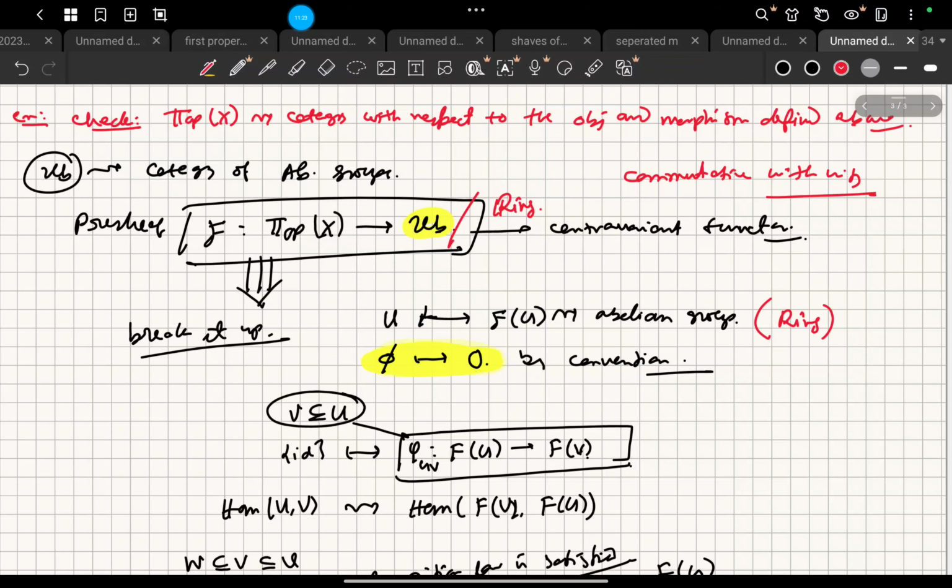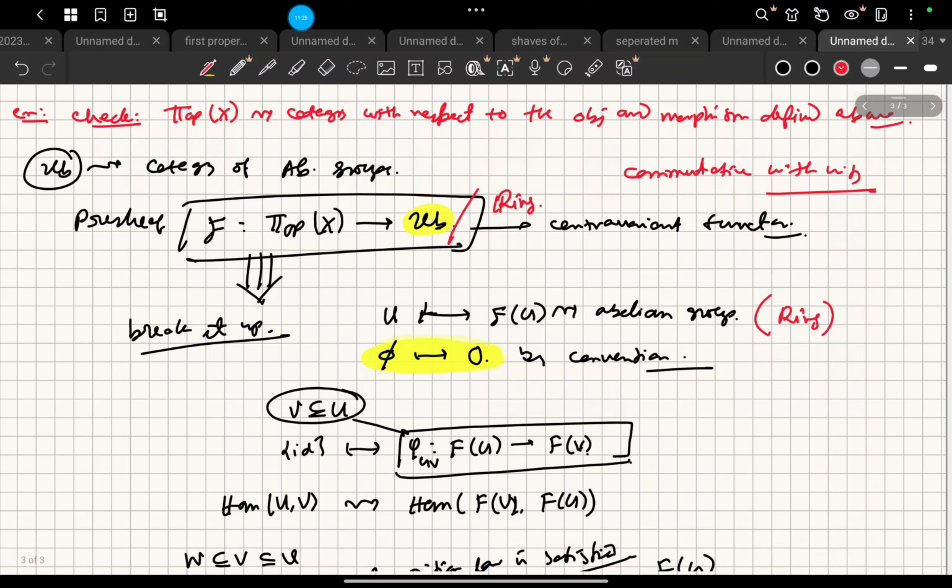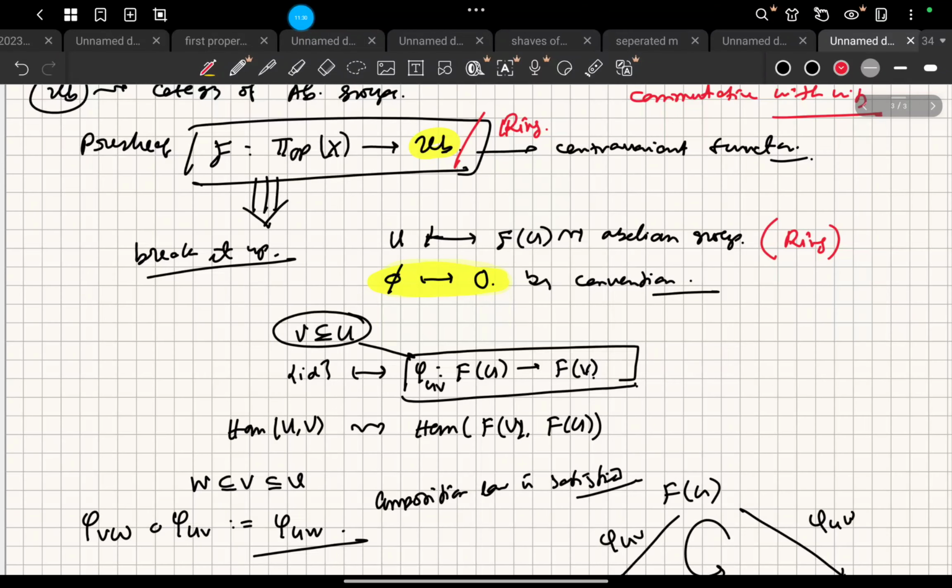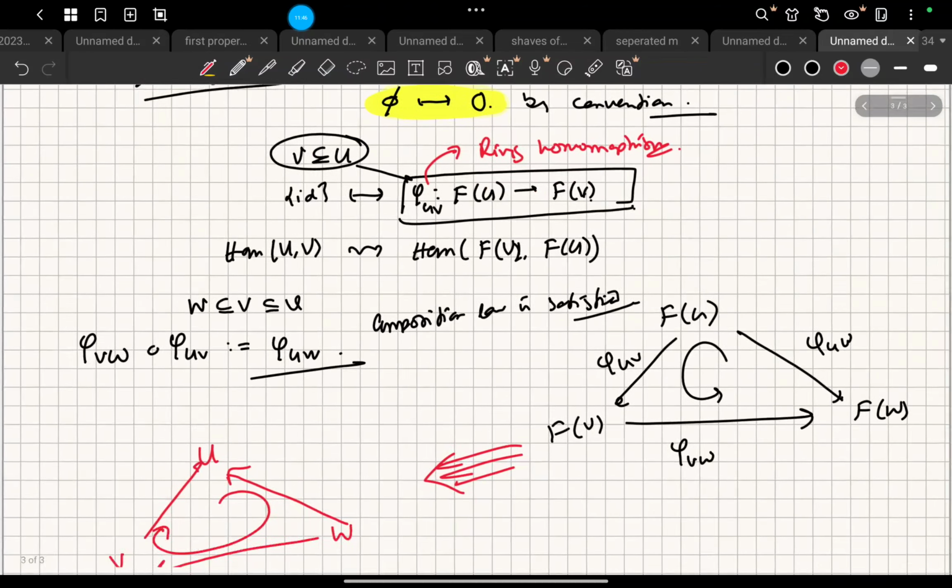Whenever we study algebraic geometry, we always consider commutative rings with unity. And these phi UVs, initially I said are abelian group homomorphisms, but right now I will say that these are ring homomorphisms. And the rest of the properties will remain the same.